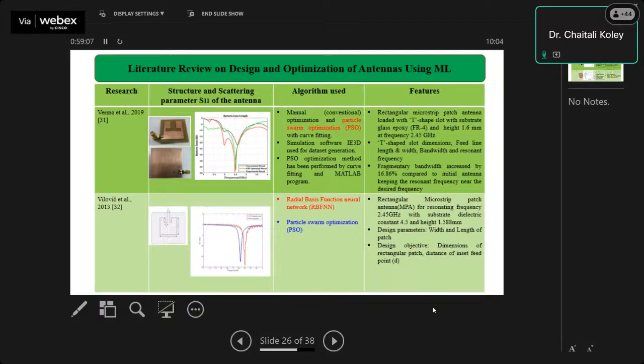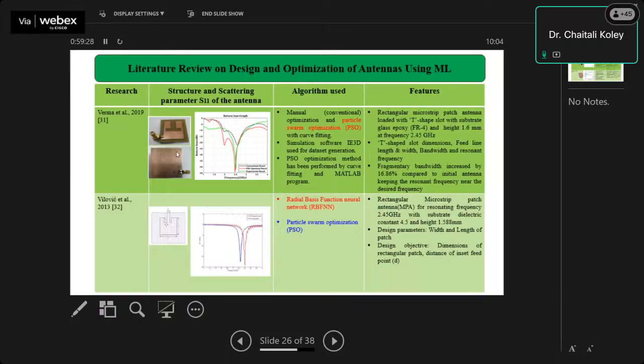The first antenna is proposed by Verma et al. It is a rectangular microstrip patch antenna with a T shape slot.